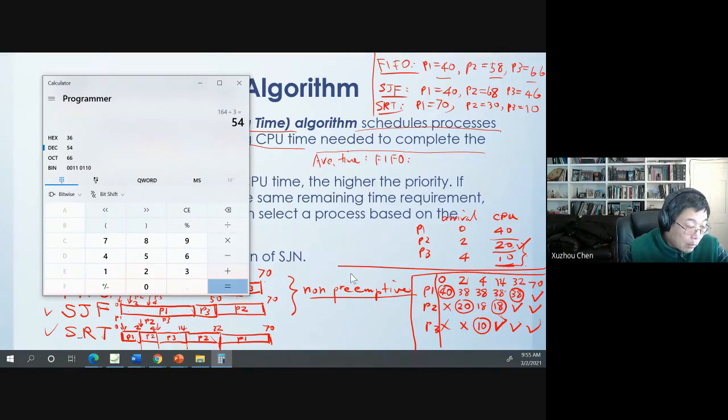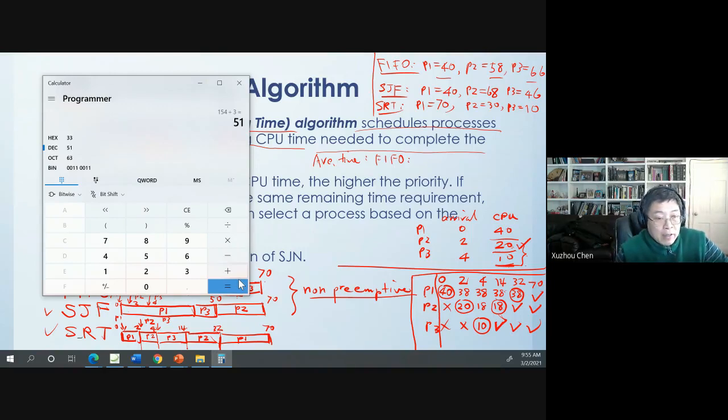Now let's take a look at the shortest job first, okay? It's 40 for process 1 plus 68 for process 2 and 46 for process 3, divided by 3, 51. A small improvement, right?